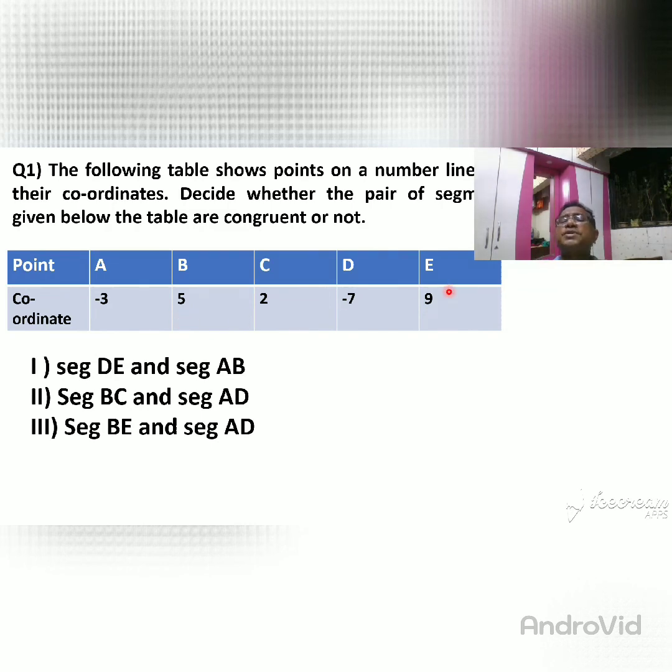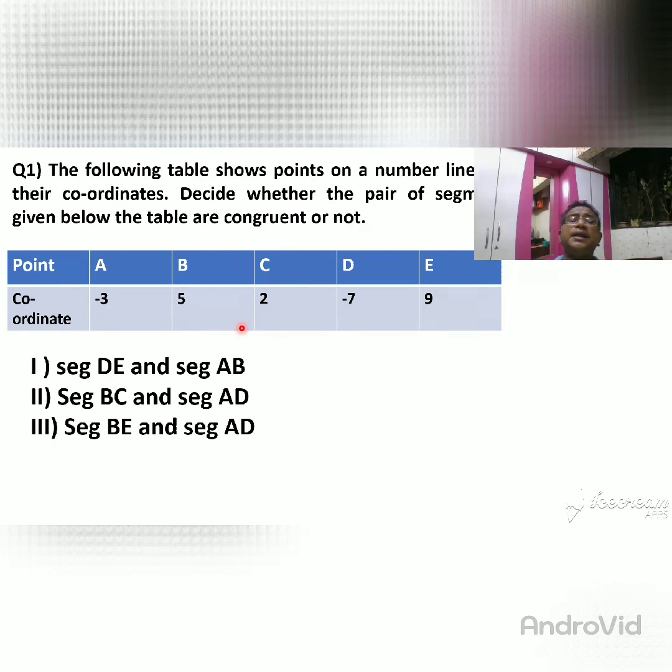So subtract 9 minus 5. 9 minus 5, what remains? 4. So segment B is equal to 4. Remember that you get segment B is equal to 4. If someone doesn't understand, I will explain again. B coordinate 5, E coordinate 9. Compare it. 9 is greater than 5. So 9 minus 5, 4 is remaining.